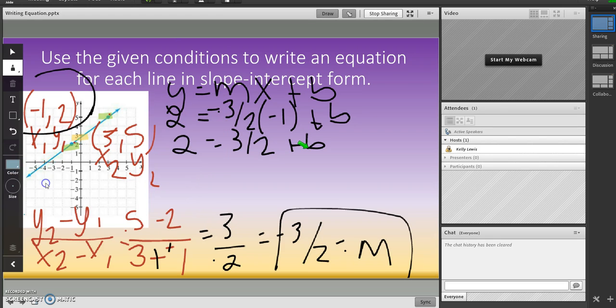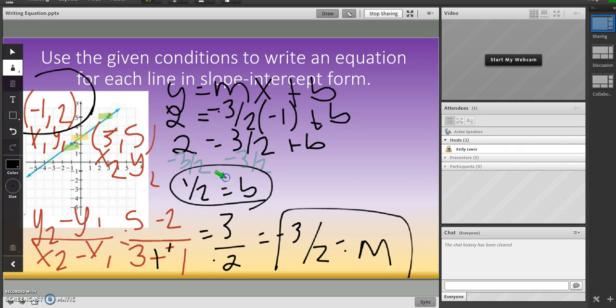I need to subtract 3/2 on both sides. So in your calculator, do 2 minus 3/2. Your calculator should tell you 1/2, because 3/2 is 1.5. So I get 1/2 equals b.